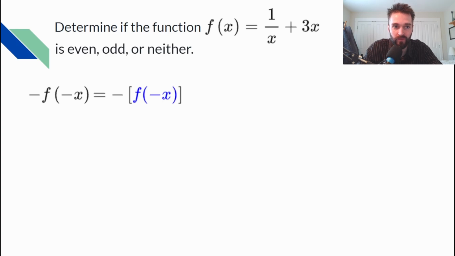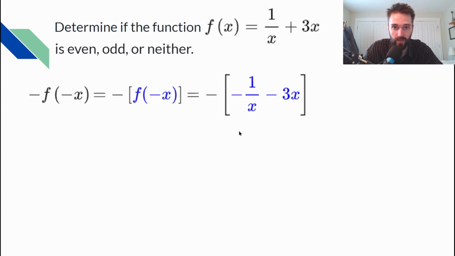All right? What I want to do is put f of negative x in brackets, okay? And I also want to color code it blue, okay? We already found on the previous screen that f of negative x is equal to this business in blue here, right? This business in the brackets, okay? So to simplify this, all we need to do is distribute this minus sign to each piece in the brackets here, right?